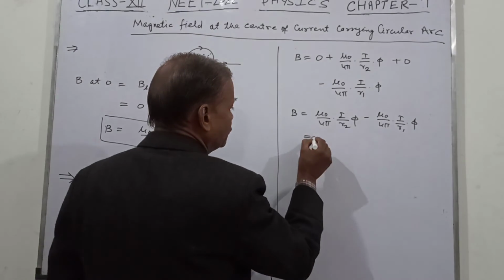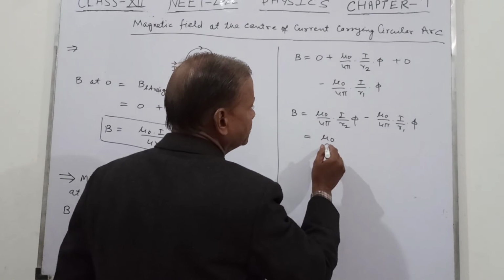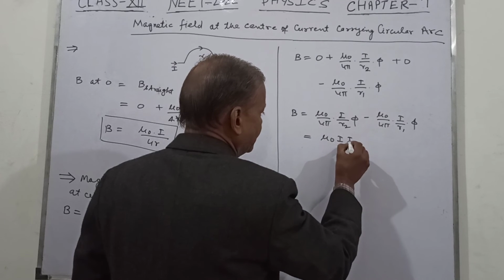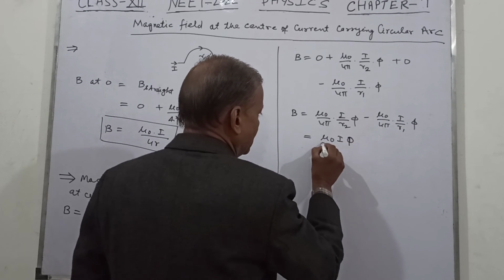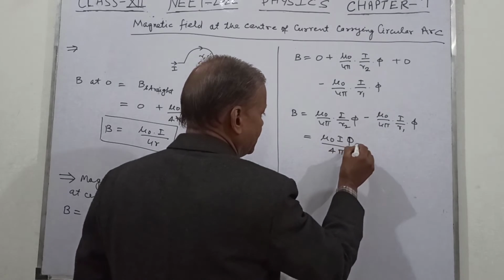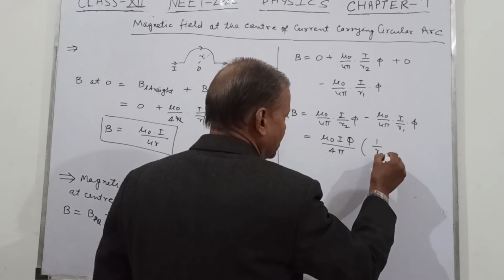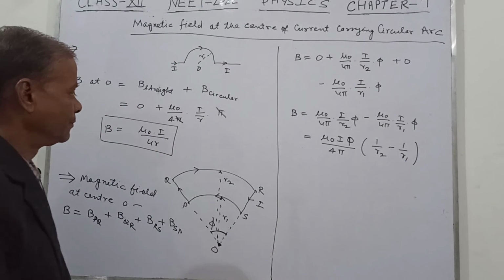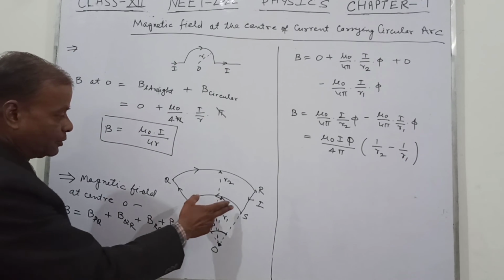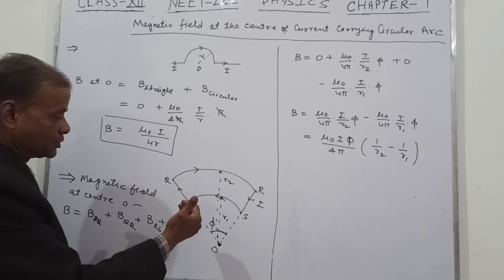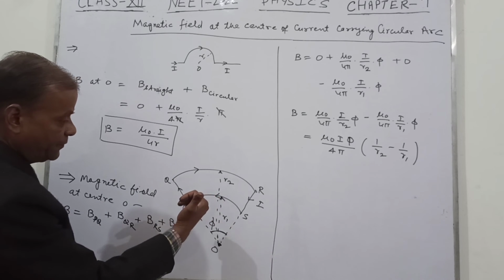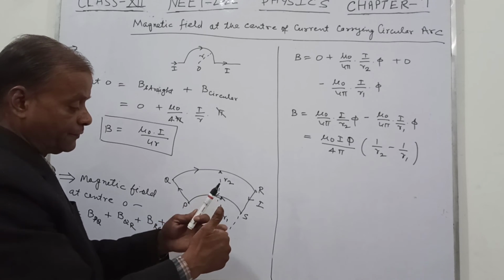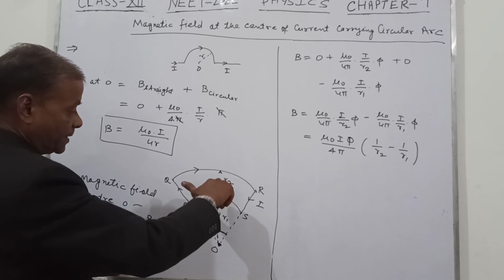So now this is equal to mu naught I into phi upon 4 pi into 1 upon R2 minus 1 upon R1. The field because of this one, this is the direction of current, like this.